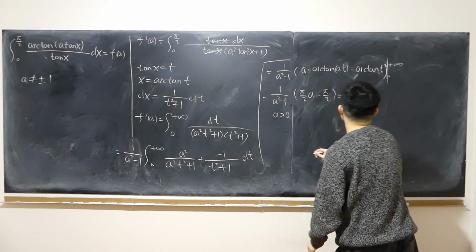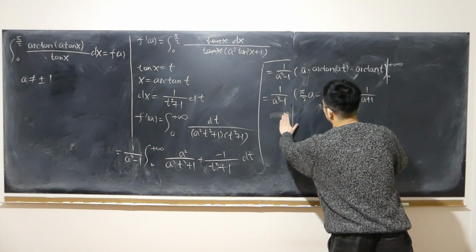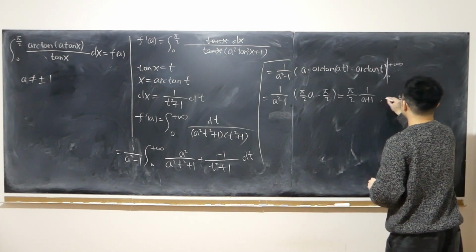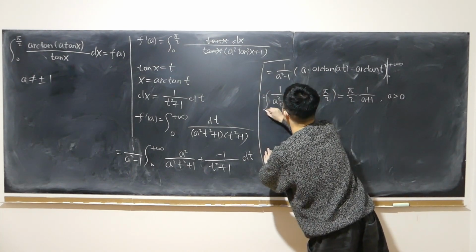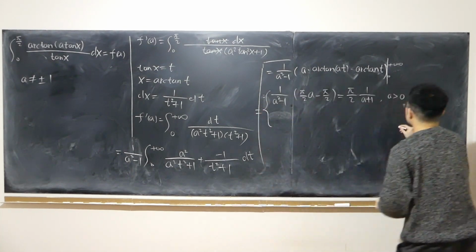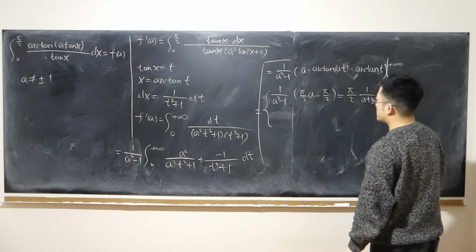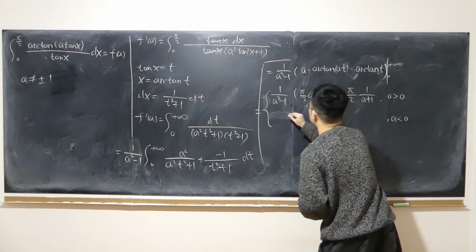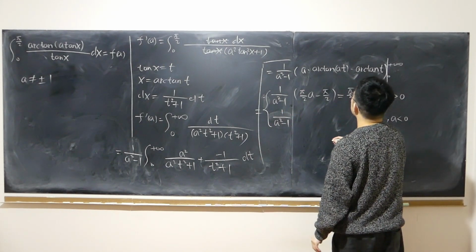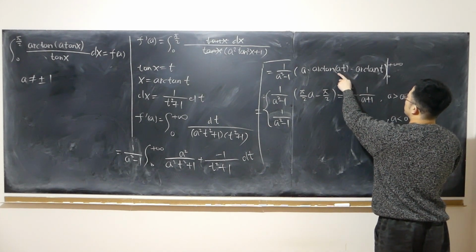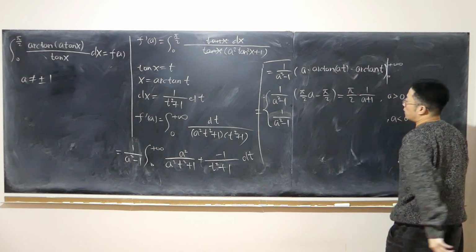So when a is negative, that is equal to 1 over a squared minus 1. This time, negative number times positive infinity is negative infinity, so negative half pi.